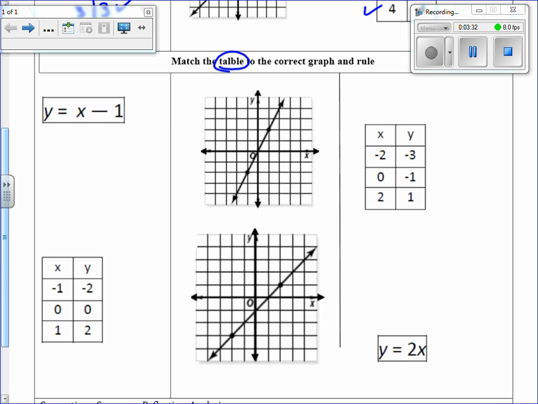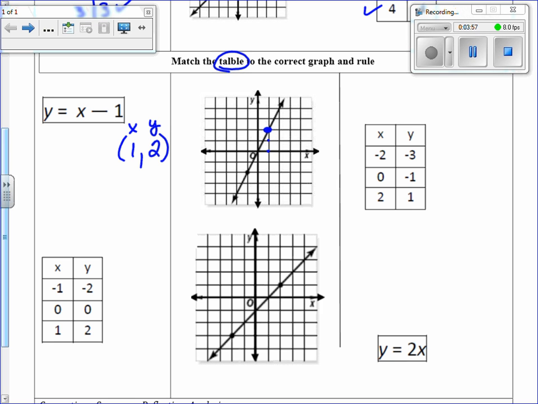So what I'm going to do is pick a coordinate point. Over 1, up 2, here's my coordinate point right here. So my x is 1, my y is 2. I'm going to substitute that into my rule.